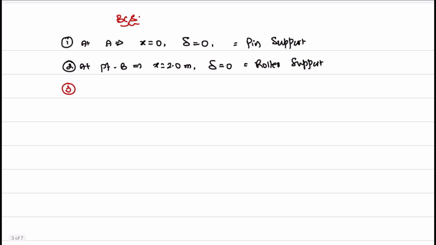Deflection is 0 at the support B, but B is extended to C. But the rotation of AB is equal to the rotation of BC.